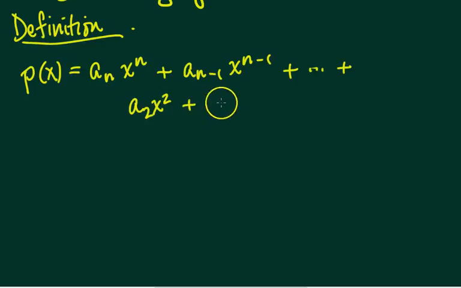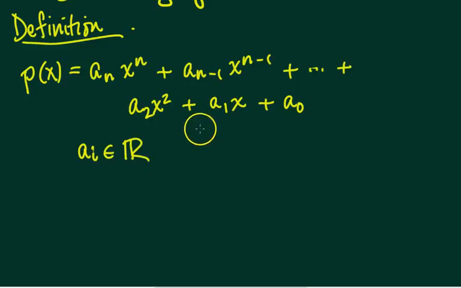And here we have x squared, which follows so many x cubed, x to the power 1, x to the power 0, right there. Okay, so all of these coefficients, a whatever, have to be real numbers, and the leading coefficient cannot be equal to 0.